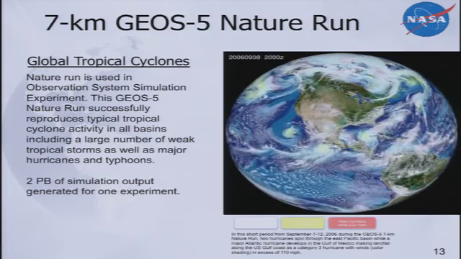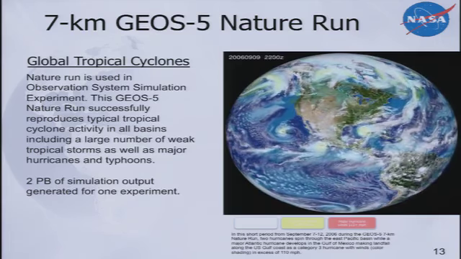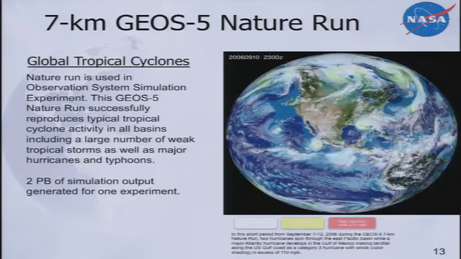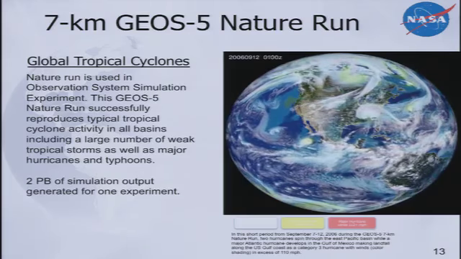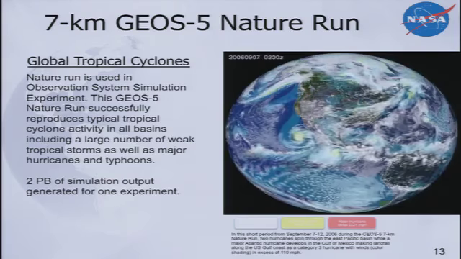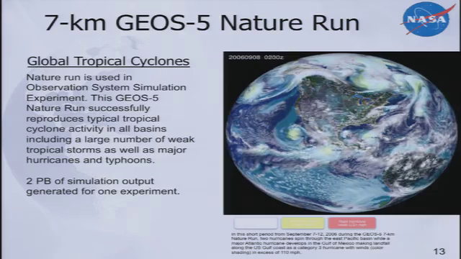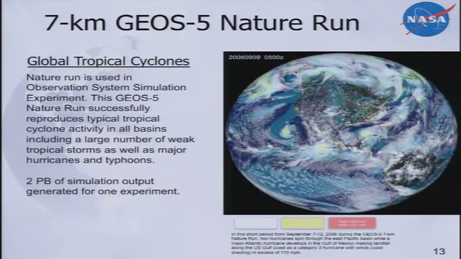And this experiment is used to design our future generation of observation platforms. What kind of instrument, what kind of orbit, what kind of configuration, be it a small satellite or big satellite, what's the repeat cycle, what's the inclination.